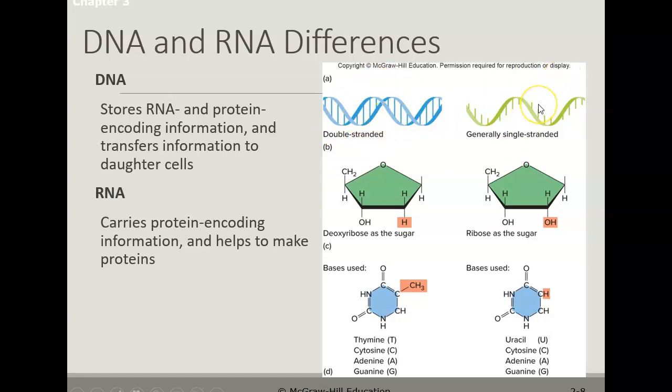It's only single-stranded. We use a different type of sugar called ribose, and we use a new base called uracil. So uracil is different than thymine. So there are no T's in RNA, there are only U's. But the U has the same base pairing rule as T did. So a U will pair with A, just like we saw the A's and the T's pair together in DNA.